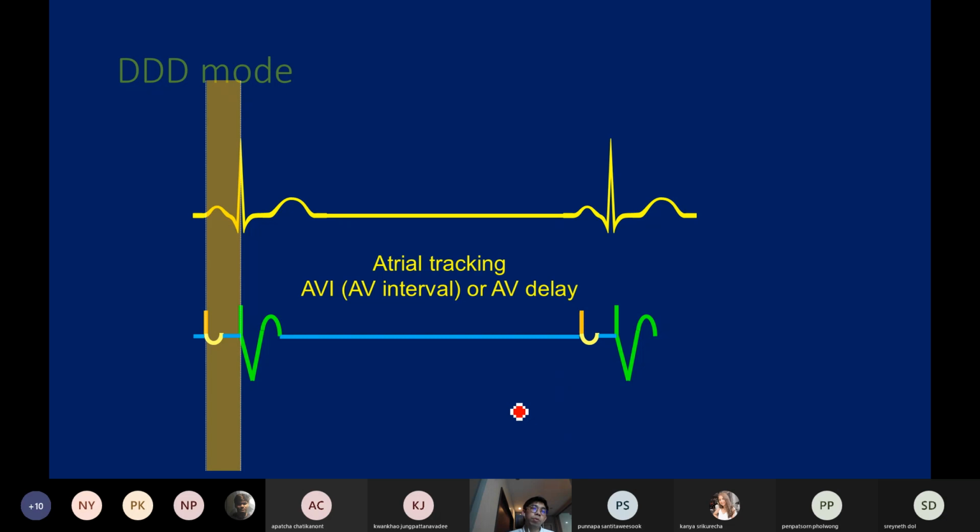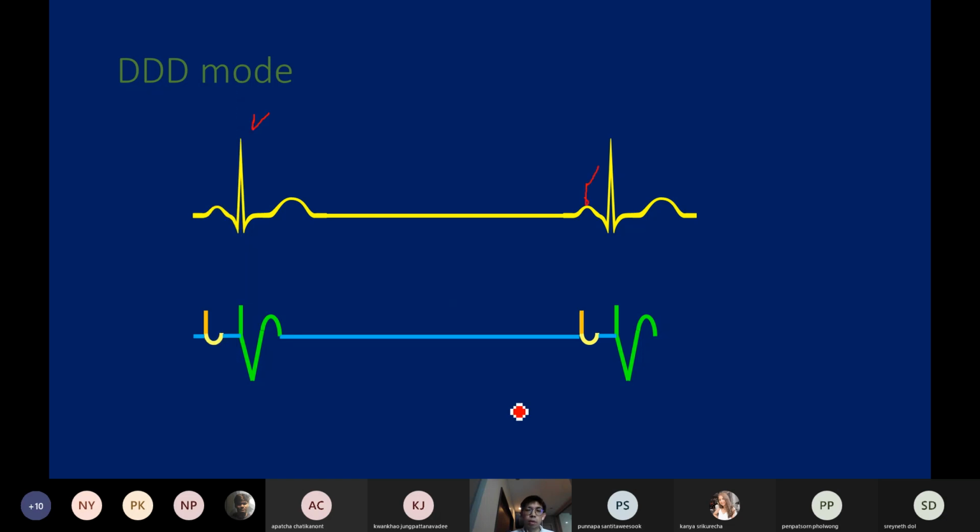You might have to remember and recall this, because when we program the dual chamber setting, we need to program this interval. First one, AV is the time from atrium to ventricle, which is programmed for the atrium to be tracked by the ventricle signal.